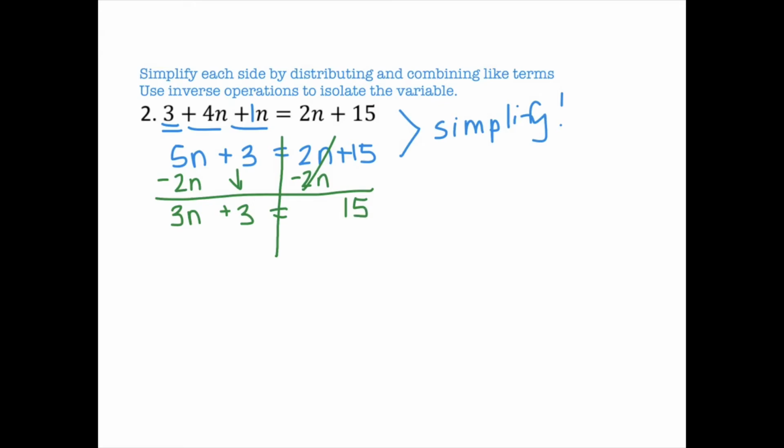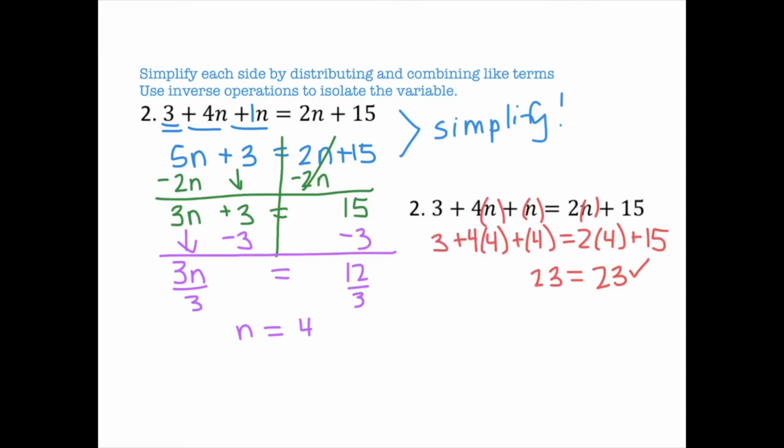And right here, now we have that point where it's a basic two-step equation where I can solve by subtracting by 3, and then I will divide by 3. Because I have this 3n equals 12, divide both sides by 3, n equals 4, and I'll go ahead and take care of my check right now.